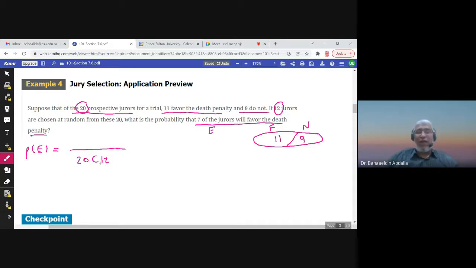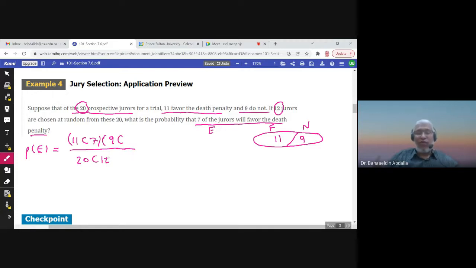Okay, now we need a specific event. What is this event? We need 7 of the jurors to favor the death penalty. So from the 11 who favor the death penalty, we need to choose 7, times, the two steps, how many are left? 9. How many to choose from the 9?